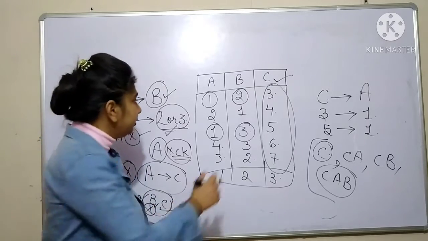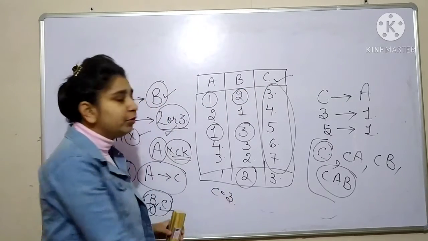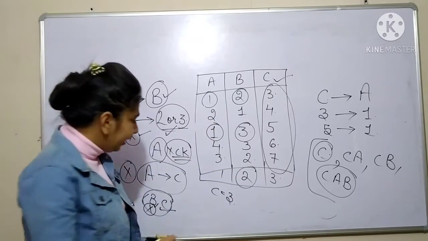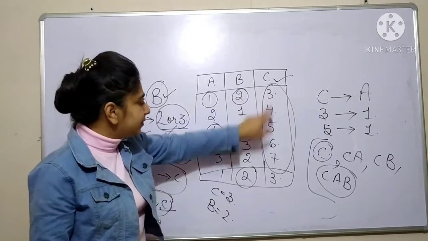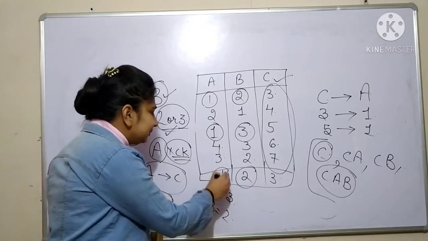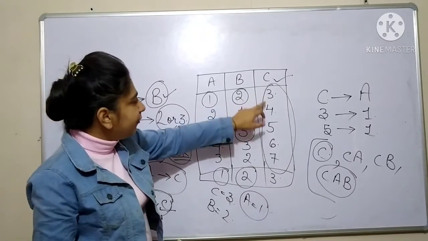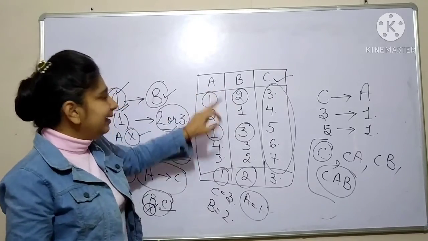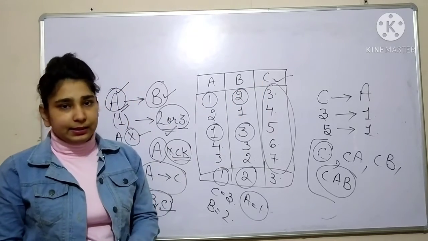The answer would be 2. For each and every value of C, you are getting one definite answer for B and A. So that's why we consider C as the candidate key.